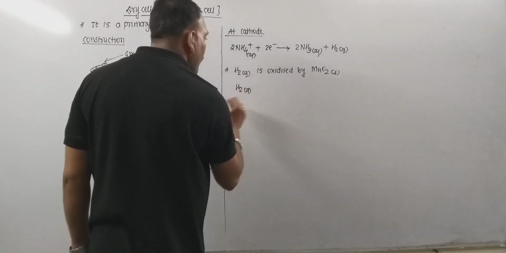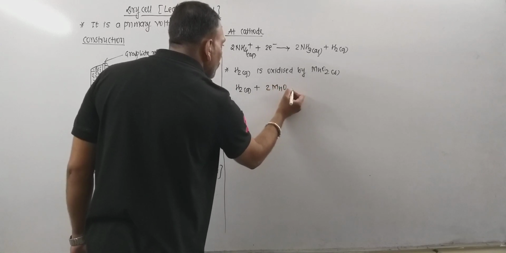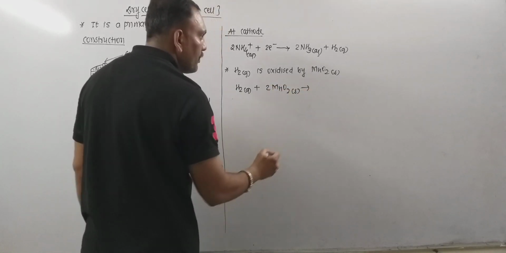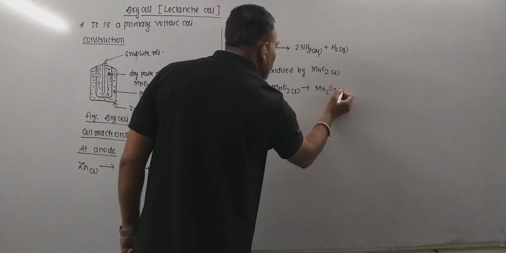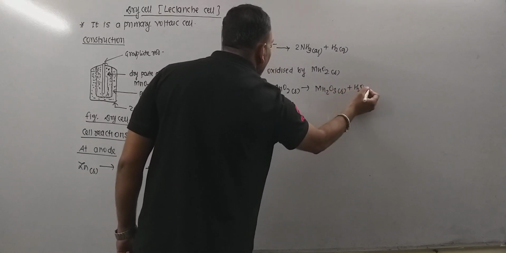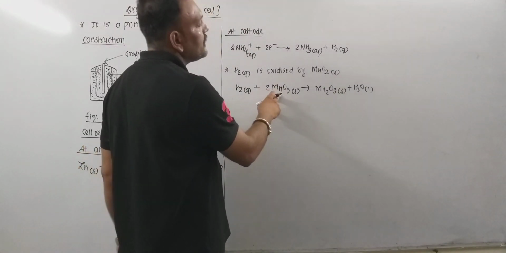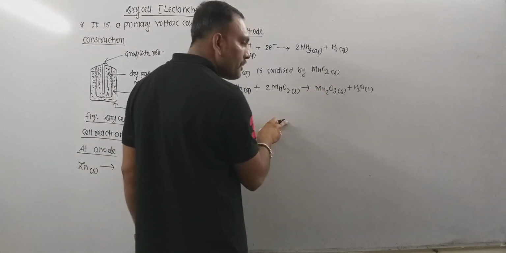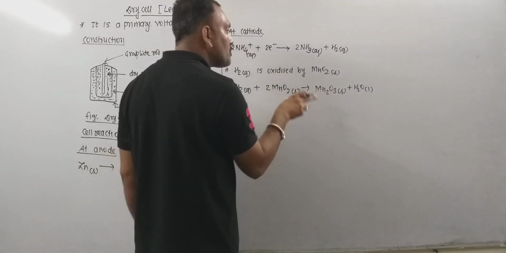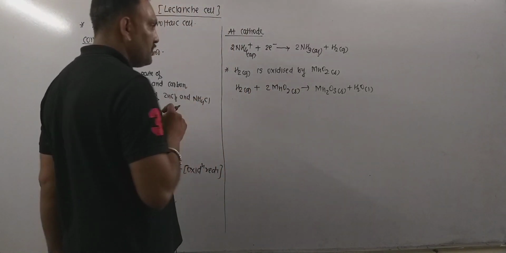So hydrogen gets oxidized by MnO2 solid, and thereby formation of Mn2O3 solid takes place along with water. So here manganese is in +4 state and in Mn2O3 it is in +3. What it means is that manganese undergoes self reduction while oxidizing the hydrogen gas.